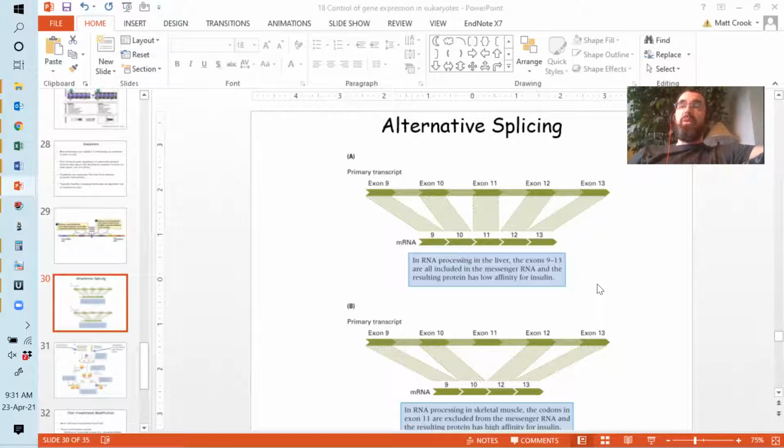Liver's all about storing glucose in the form of glycogen. What other tissues are very metabolically active and need lots of glucose? Brain, yeah, that's a good one. Brain uses a huge amount of energy. What else? I'm not using very much of it at the moment for this tissue because I'm sitting on the couch. Pancreas produces insulin.